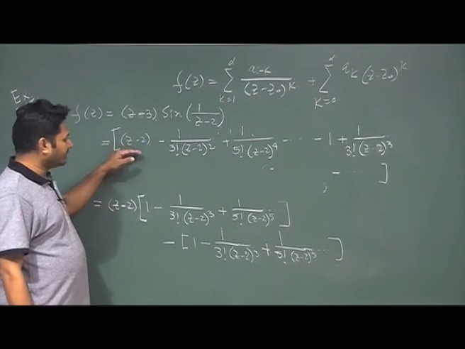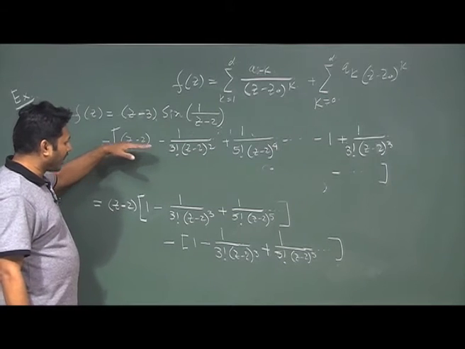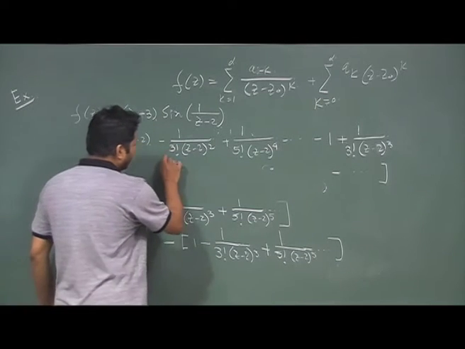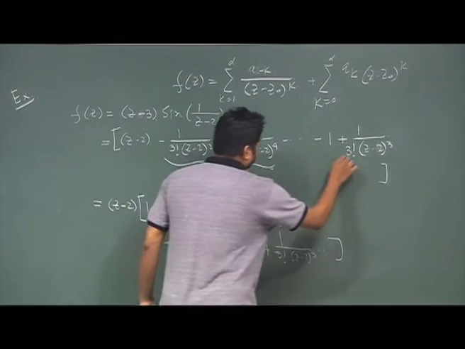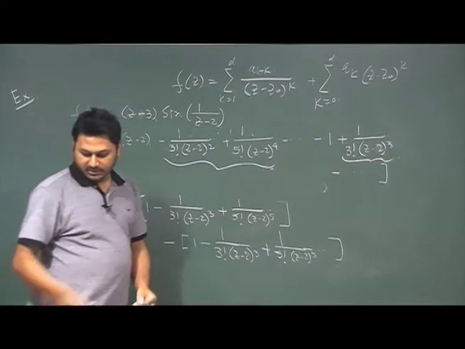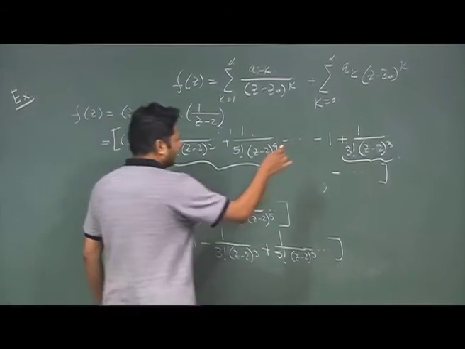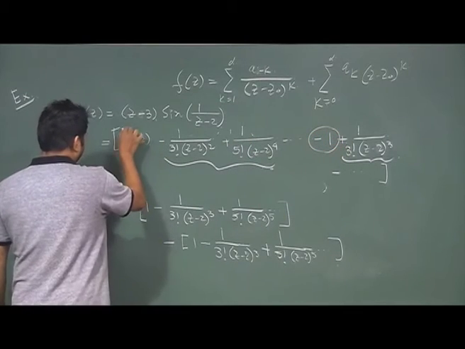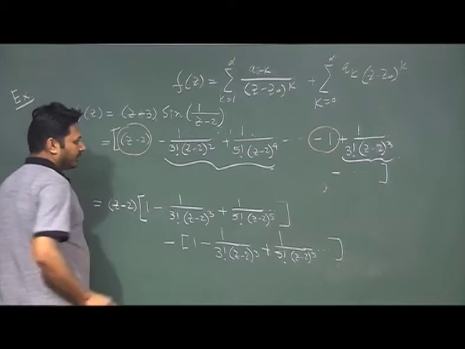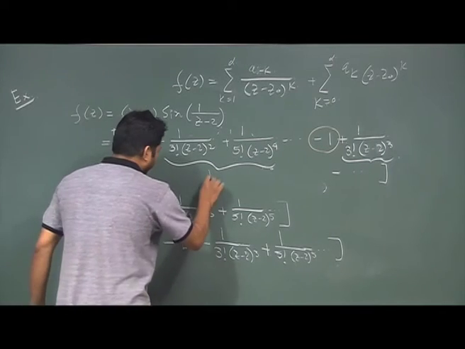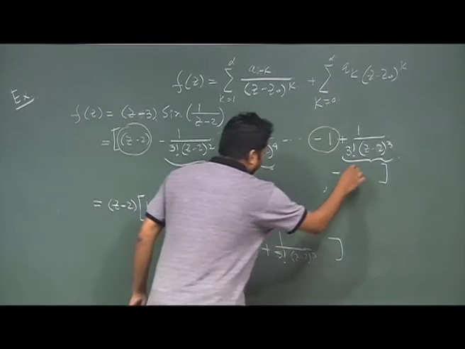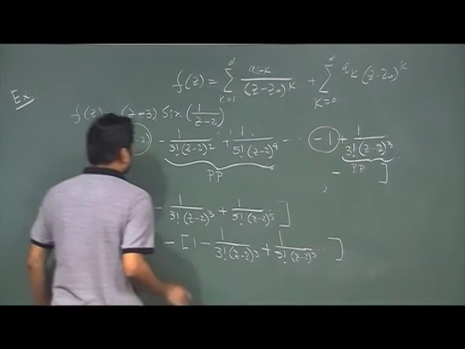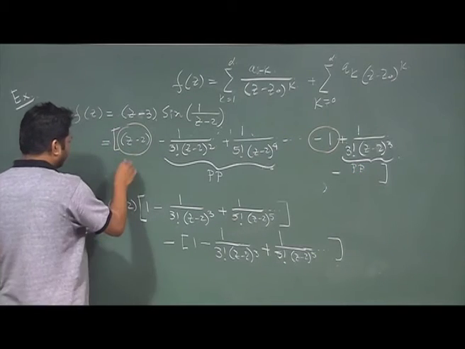In the total expansion we find that this entire portion, except these two points, minus 1 here and (z minus 2), is the principal part. So, this is your principal part, this is your analytic part.